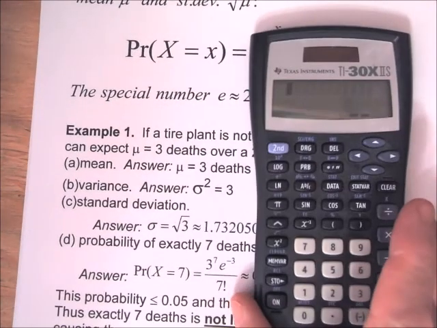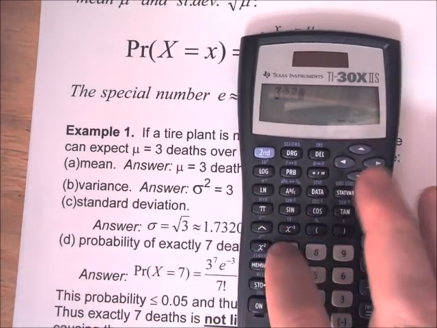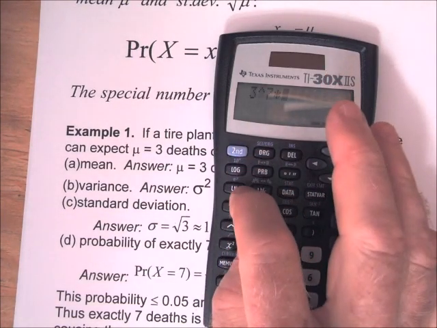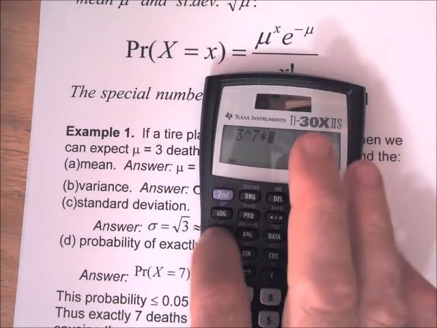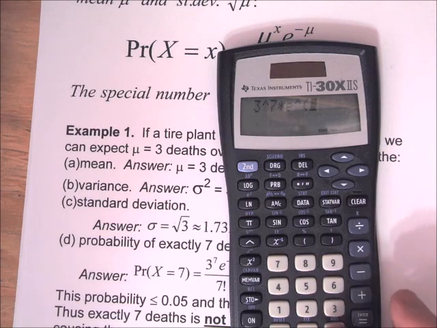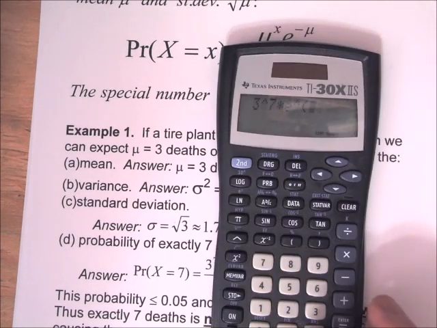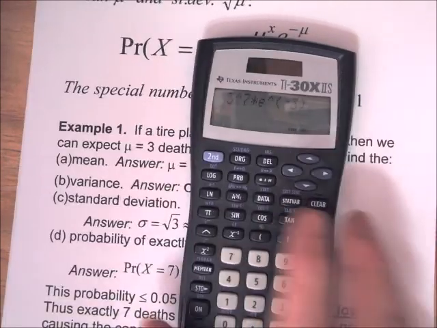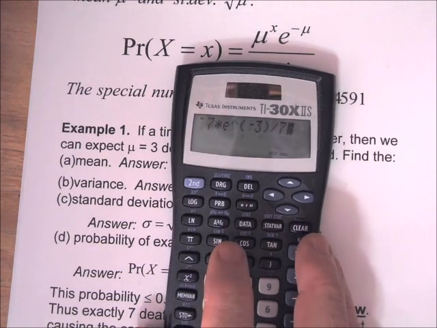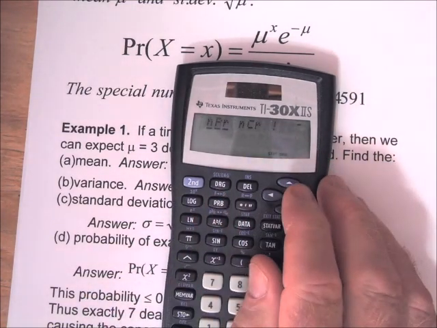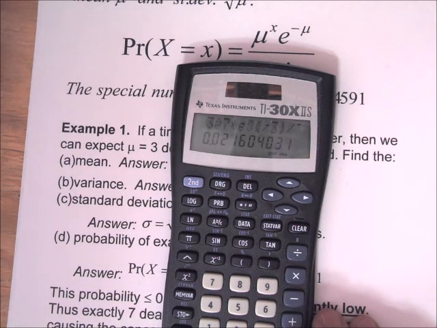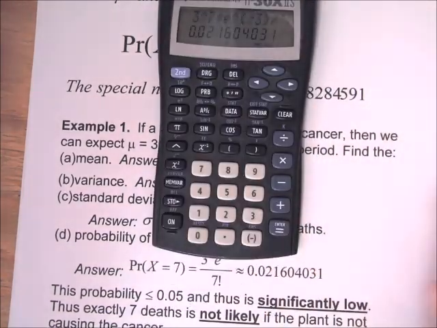So it's going to be 3 exponent 7 times, and then the e key is over the ln key, so second ln, and then we want the minus sign, which is different from the subtraction sign. We want a negative 3, and close the parentheses, and divided by 7 factorial, so we do PRB and the right arrow twice to get the factorial symbol, equals, and then equals. And I get 0.02 something.